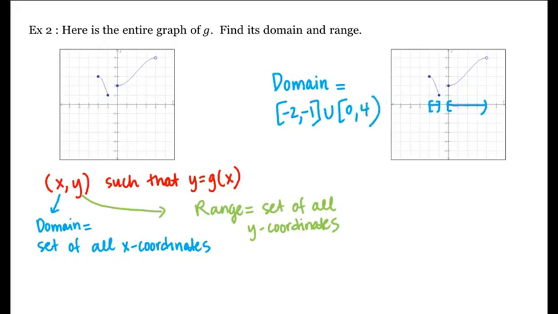Notice a few things here. Again, because of this open circle here, this is open. x equal to 4 is not the x-coordinate of any point on our graph.